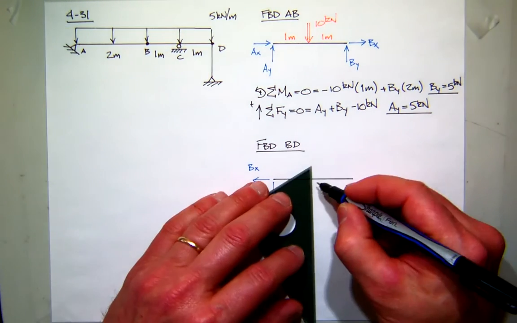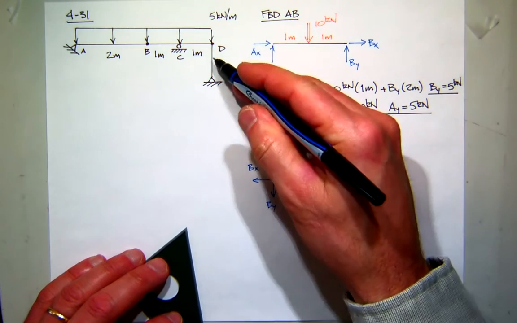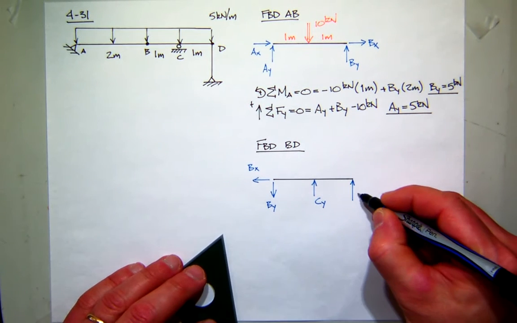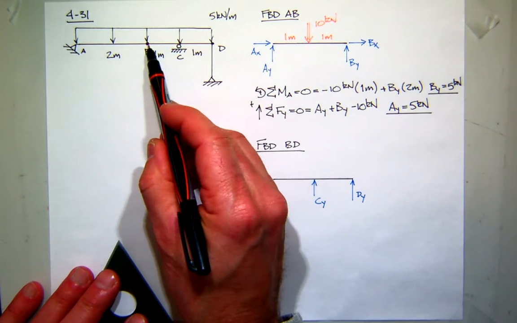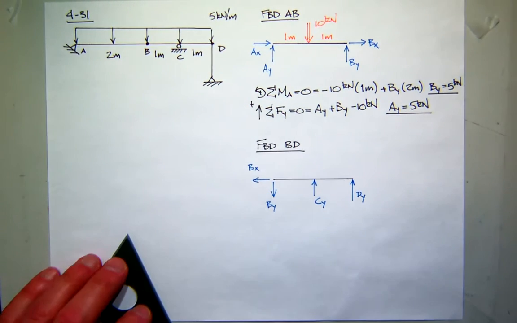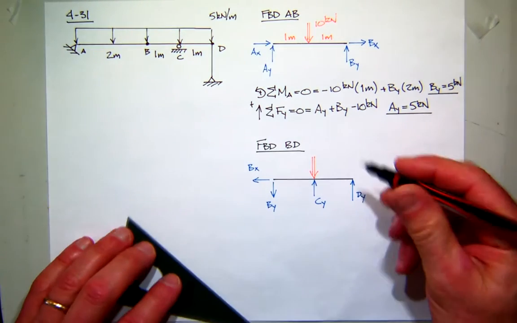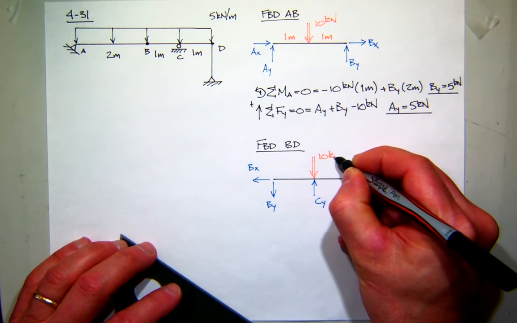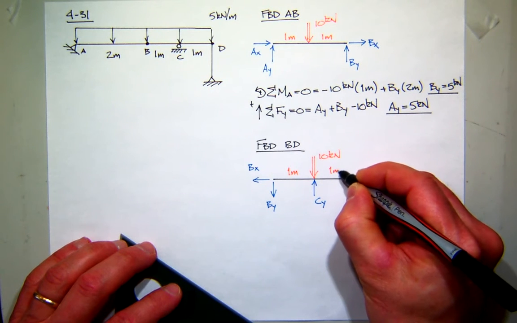And now I'm going to make an assumption that CY, the reaction at the pin, is up, and also the reaction in this leg over here, I'll call it DY. I'll also have to handle the distributed load from B to D, which again, the area under the curve, it's 2 meters times 5 kilonewtons per meter, so that's 10 kilonewtons. And it happens right in the middle again, so that's 1 meter and 1 meter.